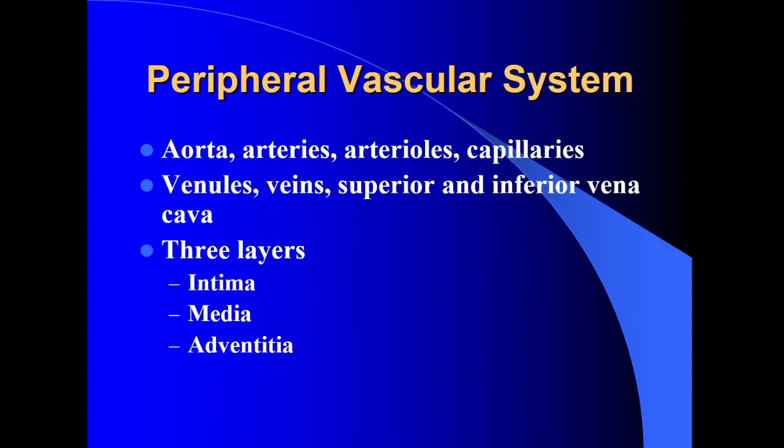The peripheral vascular system consists of the aorta, arteries, arterioles, and capillaries, venules, veins, and the superior and inferior vena cava. Three layers are present: intima, media, and adventitia.